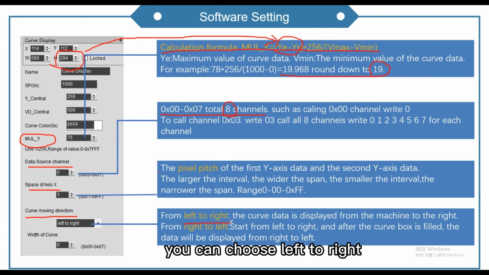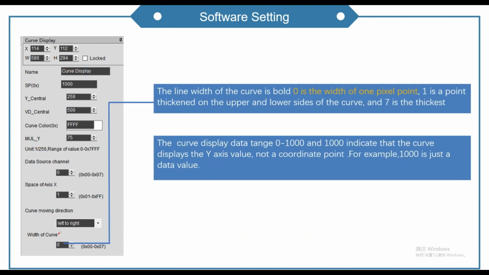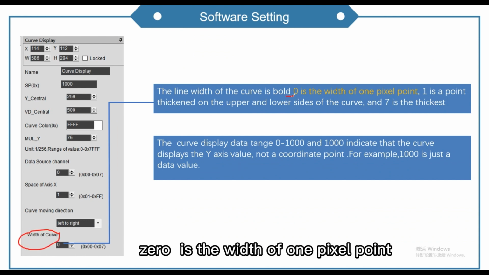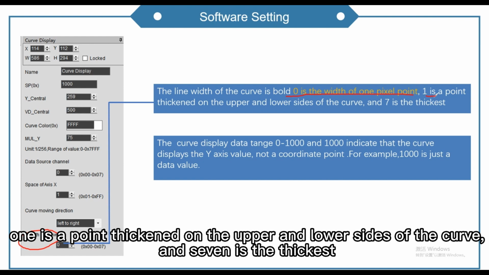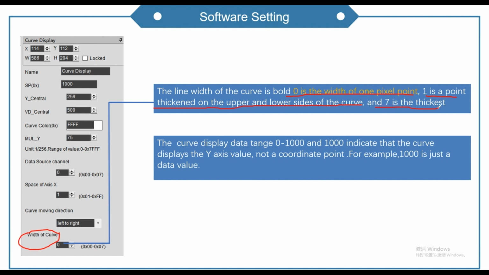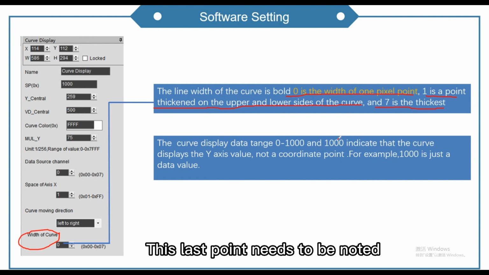You can choose left to right, right to left. Width of curve. Zero is the width of one pixel point. 1 is a point second on the upper and lower sides of the curve, and 7 is the thickest. This last point needs to be noted.